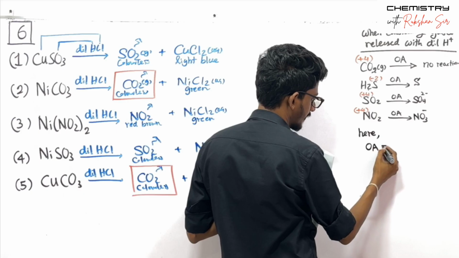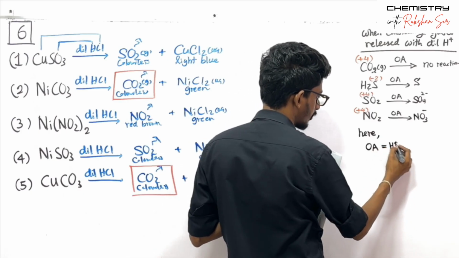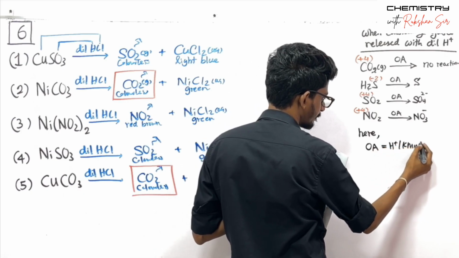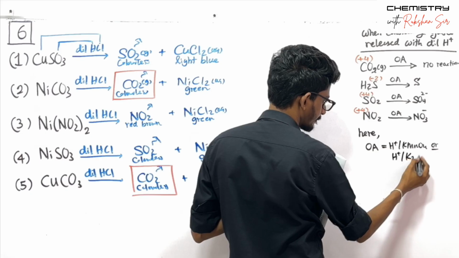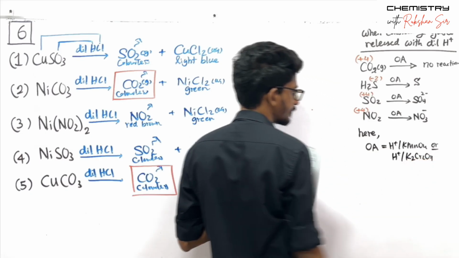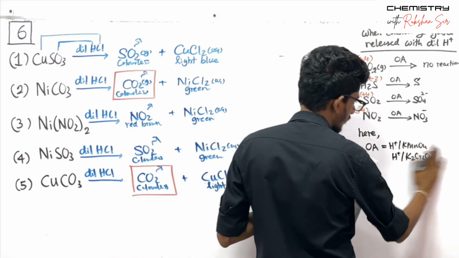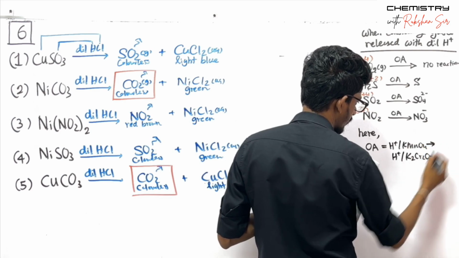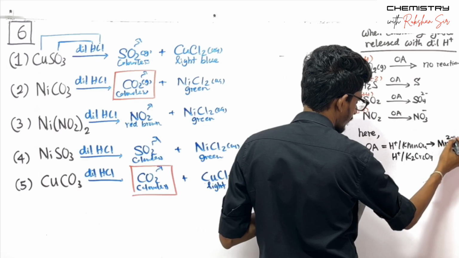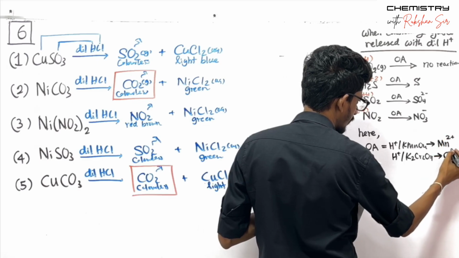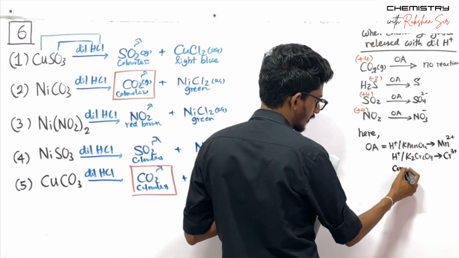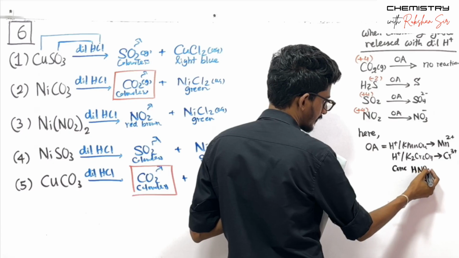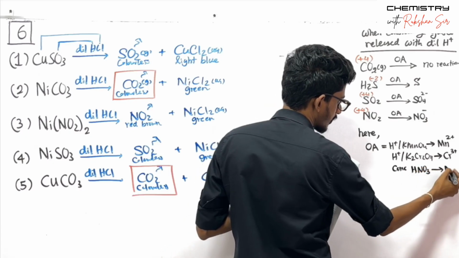Here OA could be H+ with KMnO4, H+ with dichromate, right? KMnO4 basically converts to Mn2+, dichromate converts to Cr3+, changing their colors, or this can be conc. HNO3. It will convert to NO2 gas.